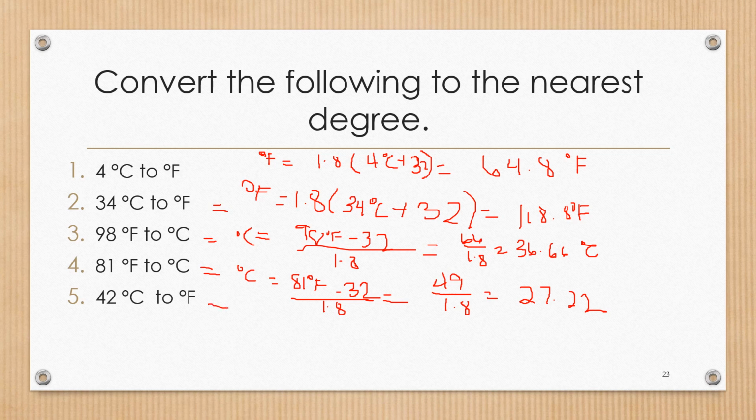And then, 42 degrees Celsius to Fahrenheit. So degrees Fahrenheit equals 1.8 times 42 degrees Celsius plus 32. So 42 plus 32 is 74, no? So that is 1.8 times 74.